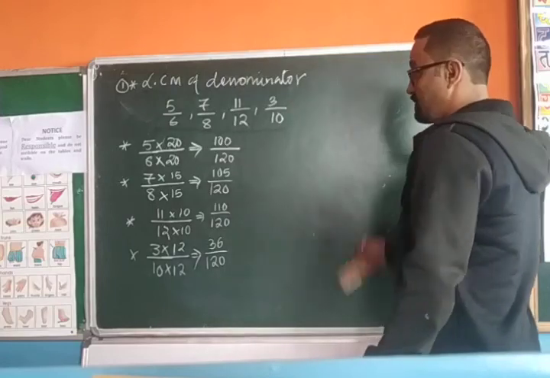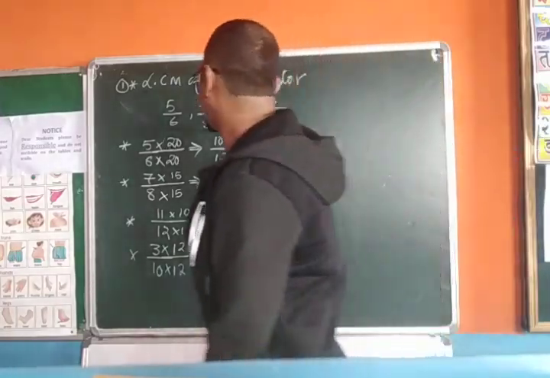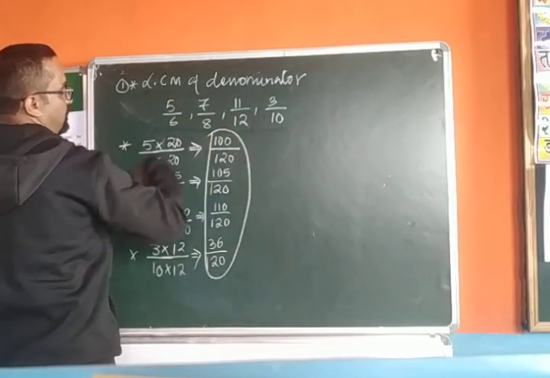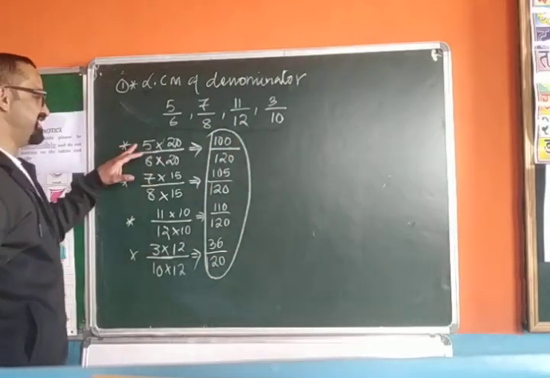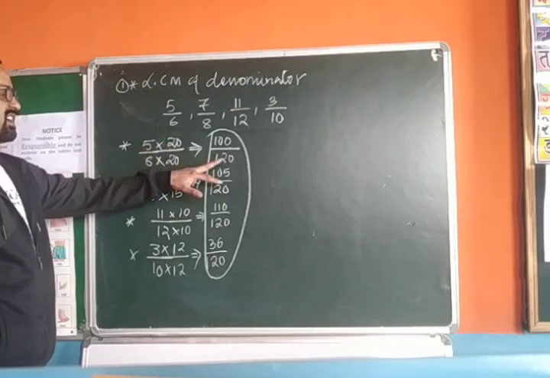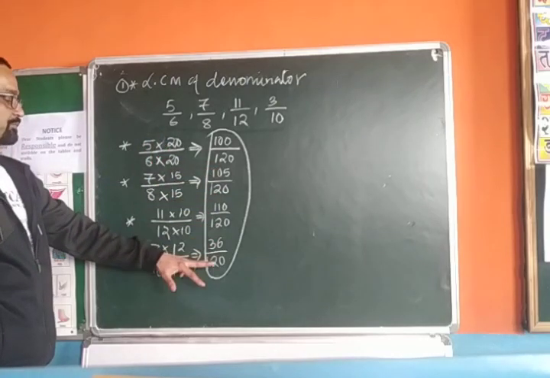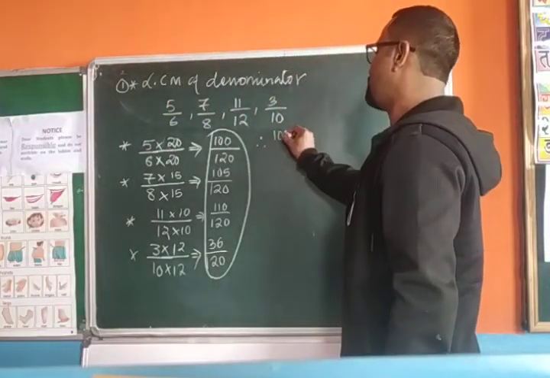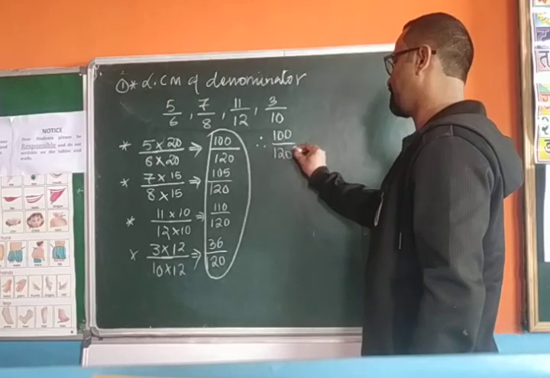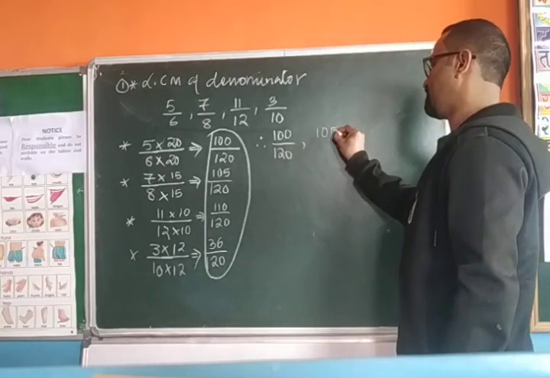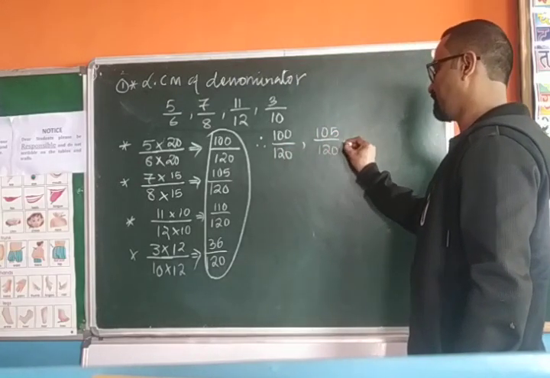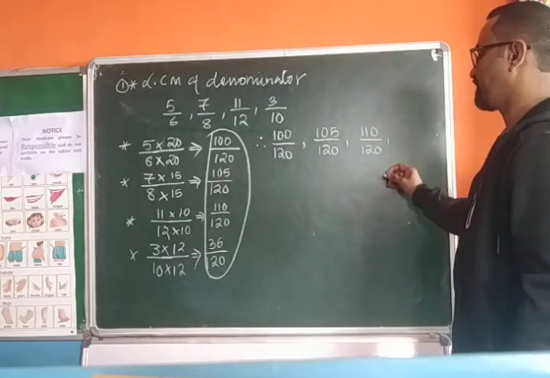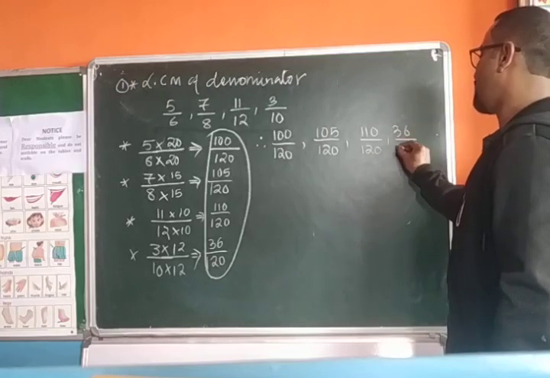Now look at the fractions which we obtained after multiplying each by a suitable number to make denominators 120. Therefore, 100 by 120, 105 by 120, 110 divided by 120, 36 divided by 120.